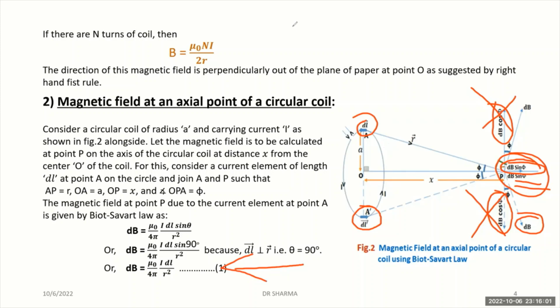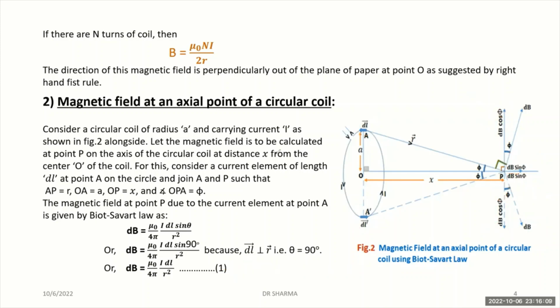We do not integrate total dB, only the dB sin phi component of equation 1. Remember this. The vertical component dB cos phi cancels out.